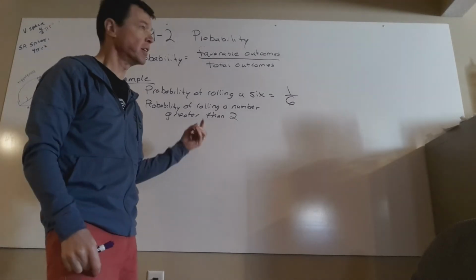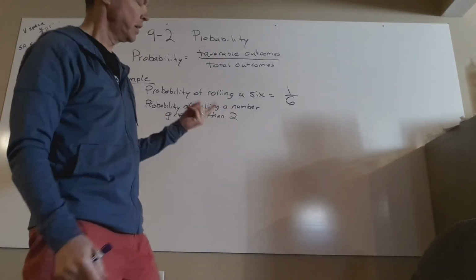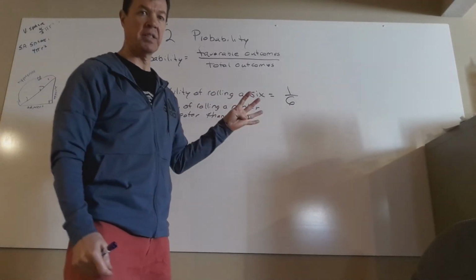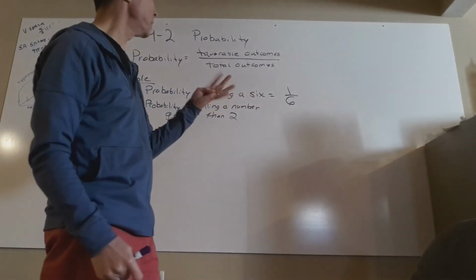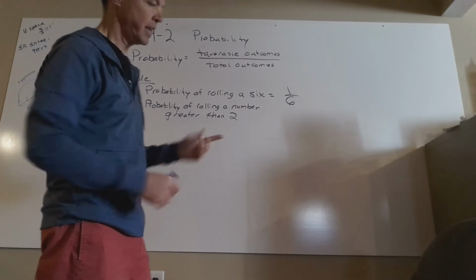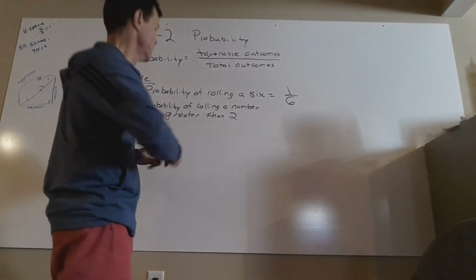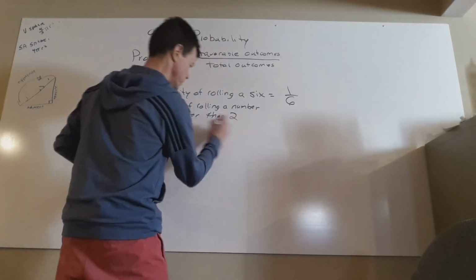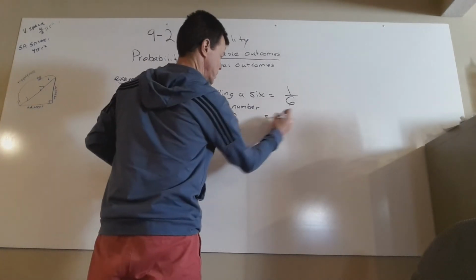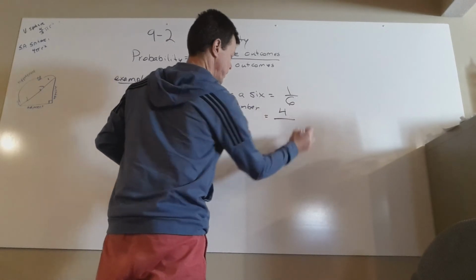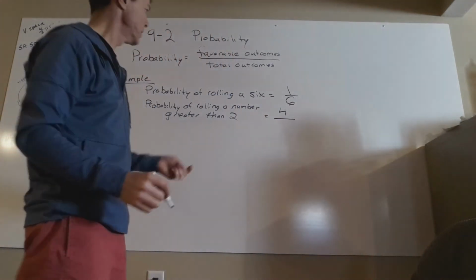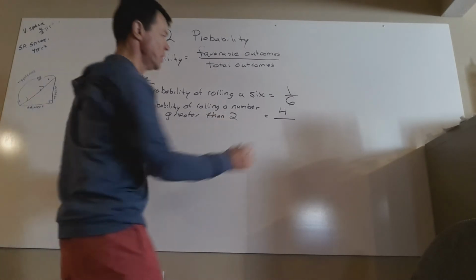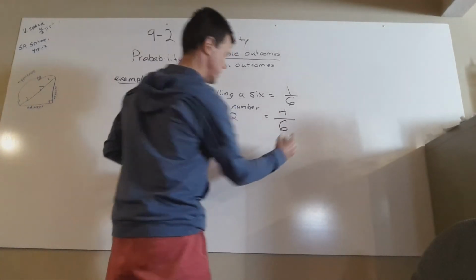Well, your favorable outcomes would be rolling a 3, a 4, a 5, or a 6. So you have 4 favorable outcomes on that, and that's 3, 4, 5, and 6. So your favorable is 4 because there's 4 numbers that are greater than 2 on a dice, and you have 6 total sides on it.